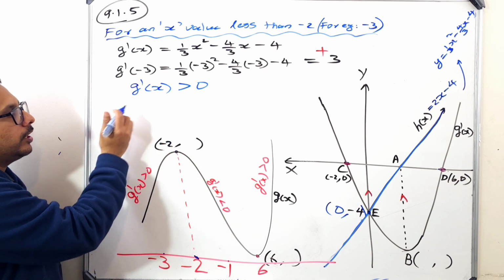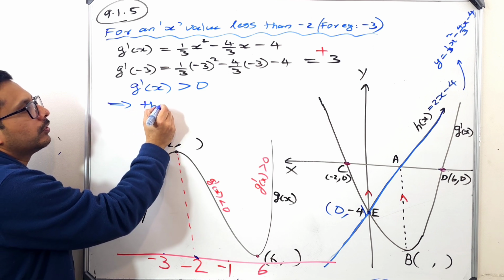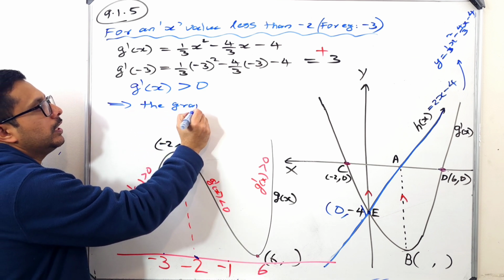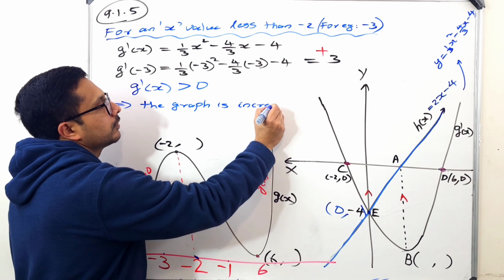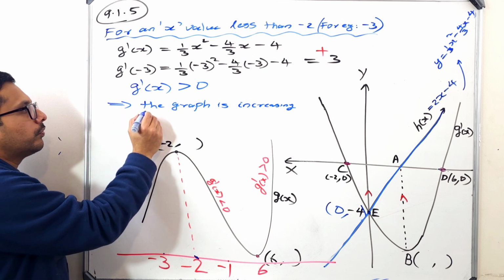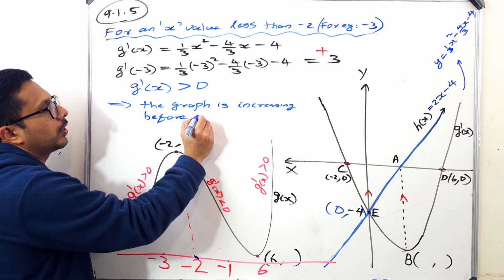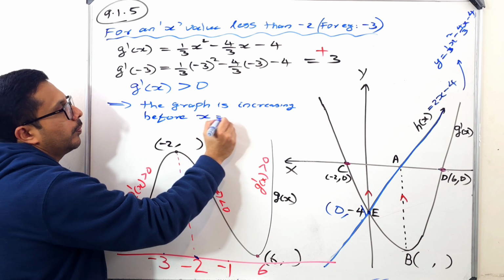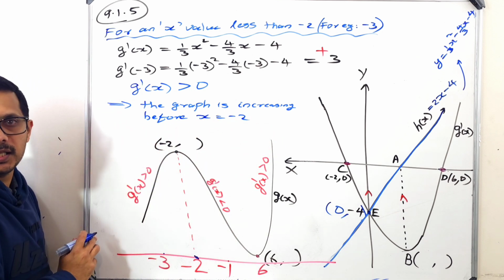So it implies that the graph is increasing before x is equal to minus 2.